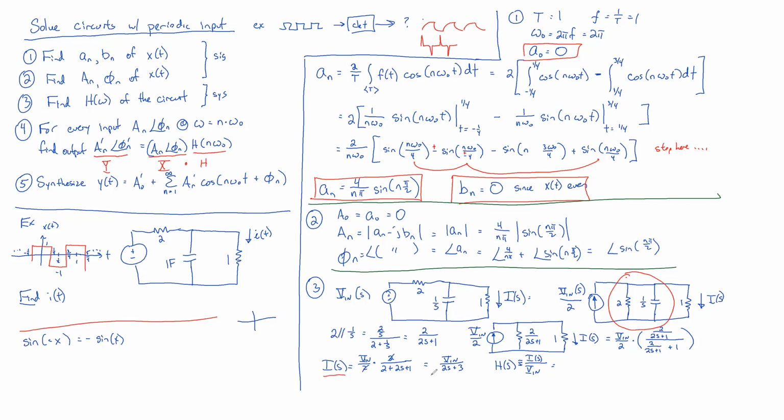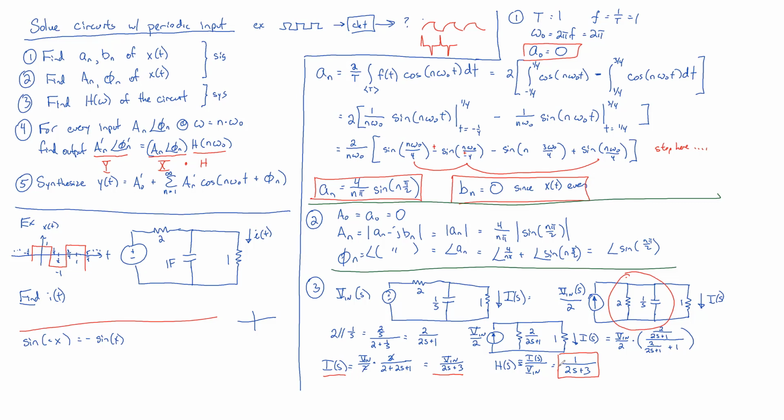Given that my I of s is equal to this, what's my transfer function here? It's going to be I of s over Vn, so Vn divided by 2s plus 3 over Vn. So then you can simplify that to be 1 over 2s plus 3. That's it. And that's the answer to step 3.